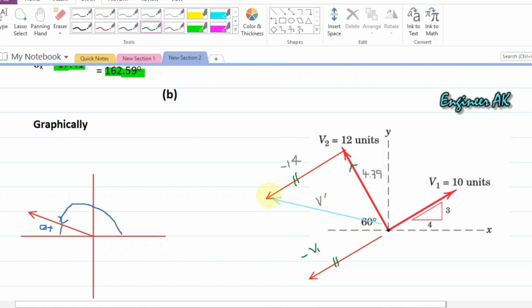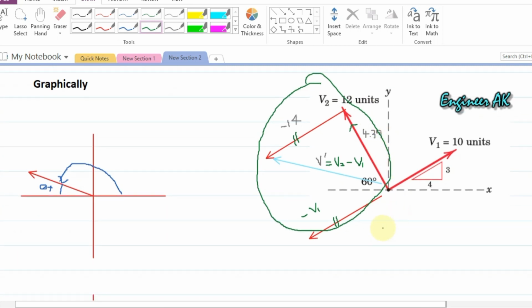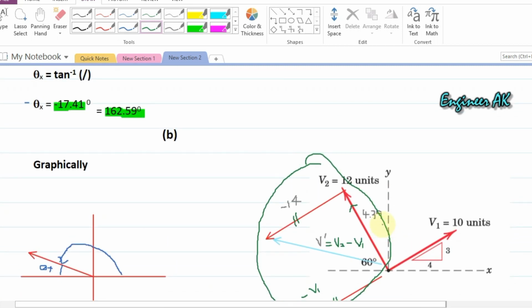So it is like this, v2 minus v1. This is how you can graphically represent it. So hope you understand it. Thanks for watching, and see you in the next video.